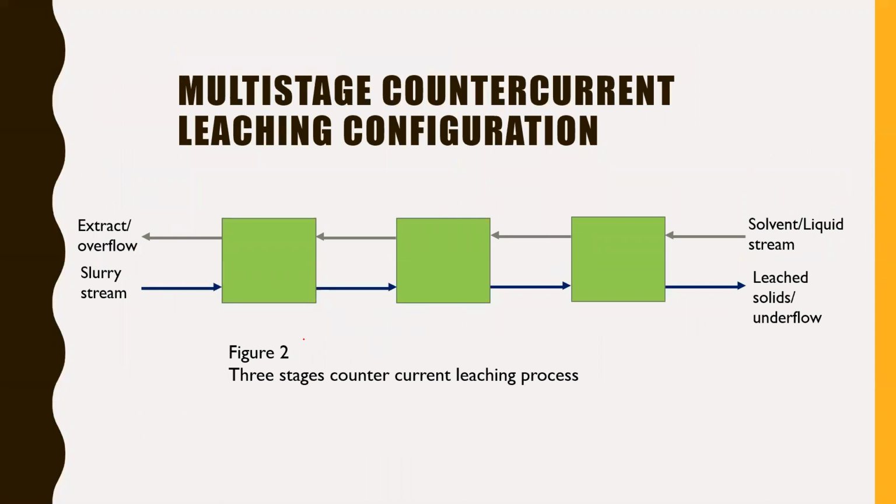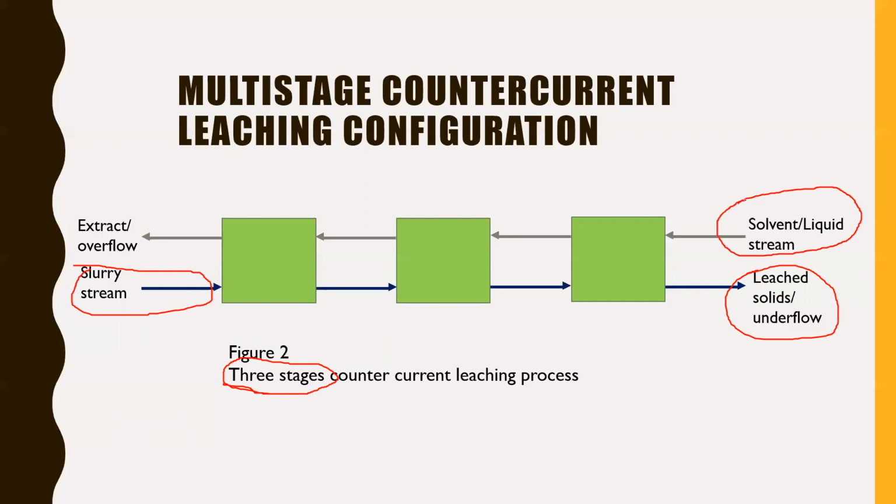Figure 2 is just an example of this process consisting of three stages of countercurrent leaching. So this is the feed slurry stream, and the outcome is the leach solids or underflow, and coming on top countercurrently is the solvent or liquid stream, and the outcome is the extract or overflow.